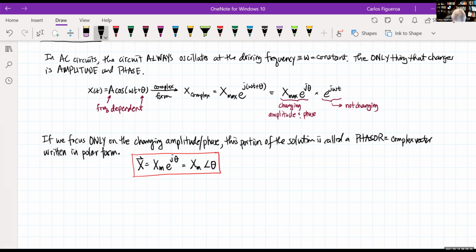If I have a time domain solution, we typically write this as, let's say, X_m cosine of omega t plus theta. And if I have my frequency domain solution, we're going to write this as X_m e to the j omega t plus theta. And the way we move back and forth is through Euler's relationship.